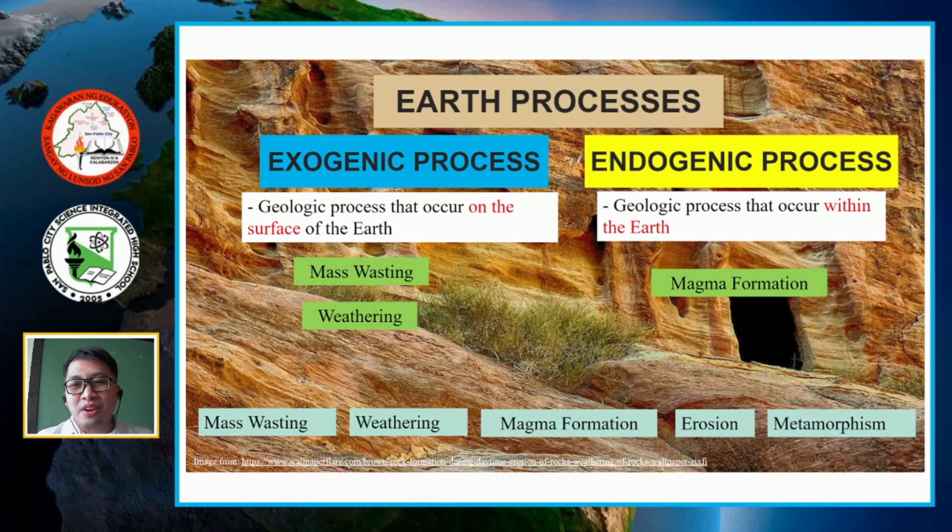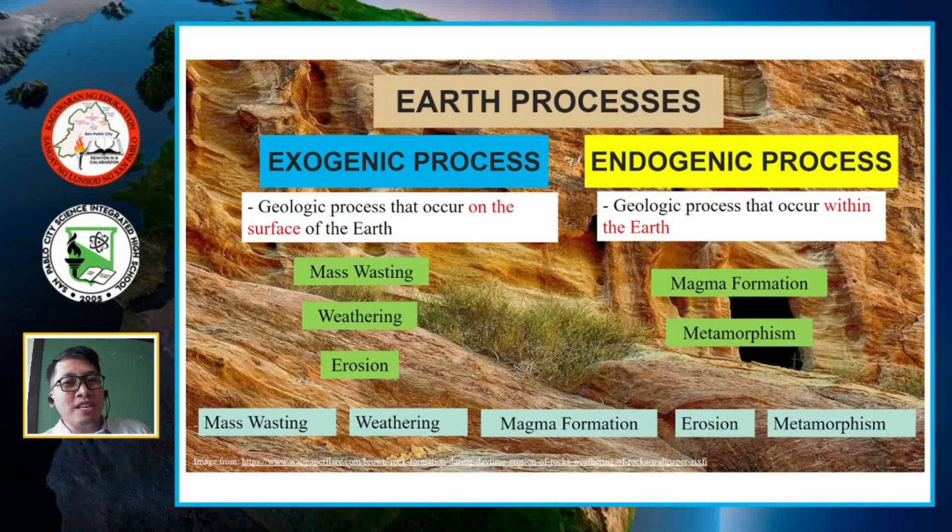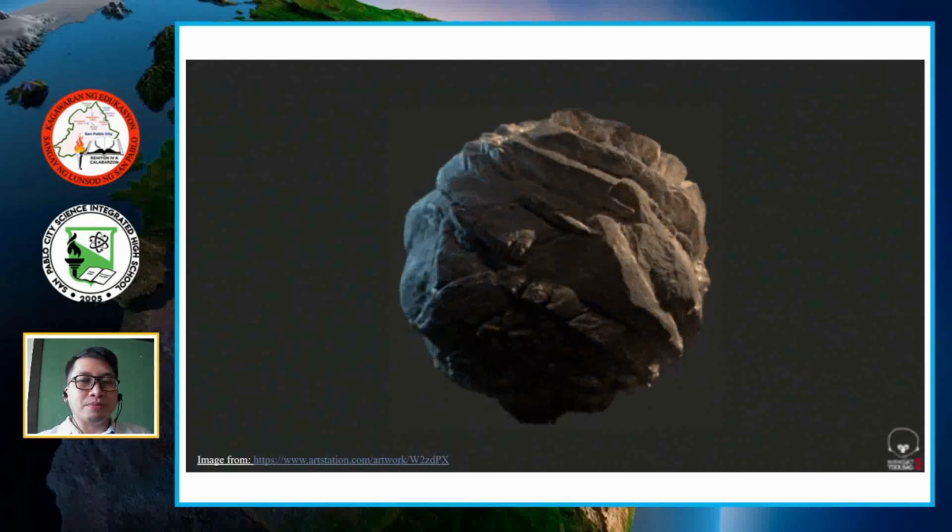Erosion, or the transfer of materials from one place to another, is an exogenic process, happens on the surface. Lastly, metamorphism. Metamorphism, if you can still remember the three types of rocks, happens within the Earth or inside the Earth. It is an endogenic process. Remember, metamorphism, kailangan natin ng high temperature and high pressure na makikita lang natin within the Earth. So these are the two types of Earth processes.